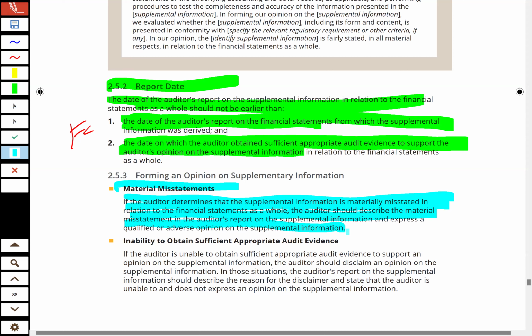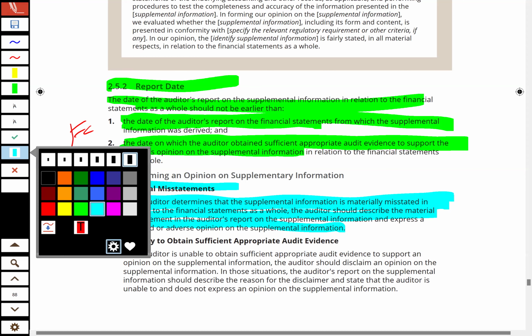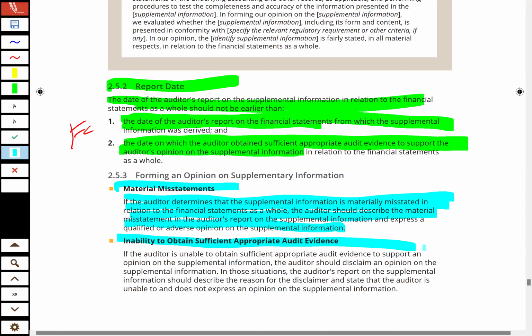Remember, it said that. Then they say inability to obtain sufficient audit evidence. If the auditor is unable to obtain sufficient audit evidence on the supplemental information, the auditor should disclaim an opinion on the supplemental information.